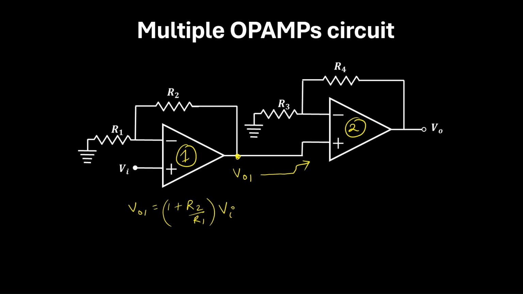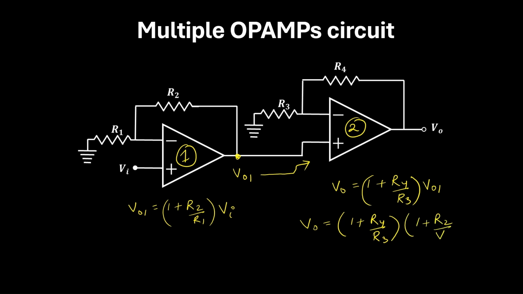In OPAMP 2, the circuit configuration is closed loop non-inverting. So the output will be given by 1 plus R4 by R3 into V01, because V01 is going as an input to OPAMP 2. Now we can substitute the expression of V01 here. So it will be 1 plus R2 divided by R1 into Vi.